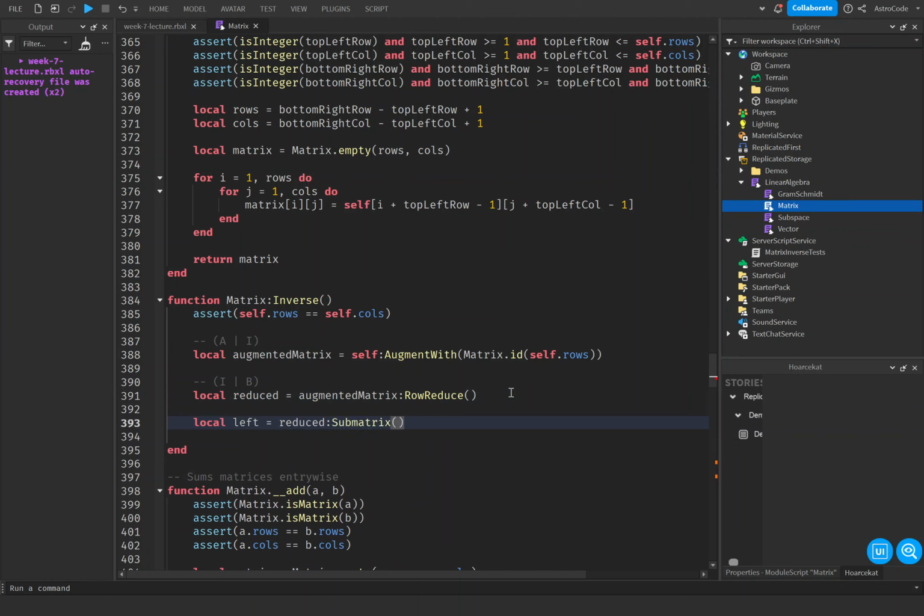And we want to end in the bottom middle. So we want to end in the bottom row and then the middle column. So this gives us the left half of our reduced matrix.